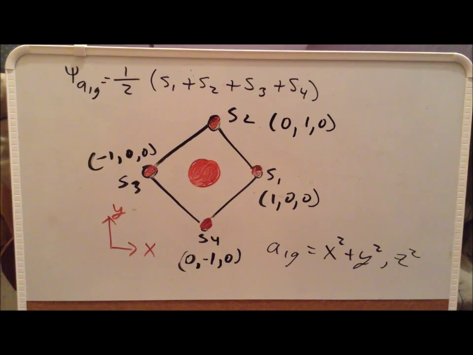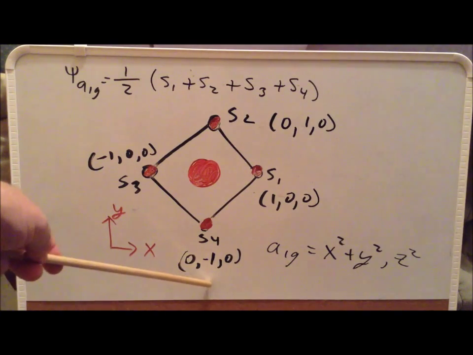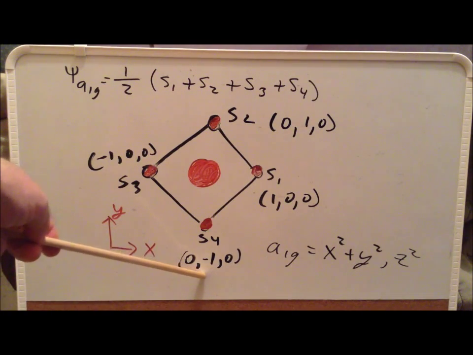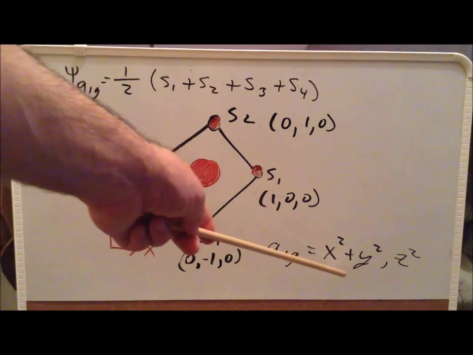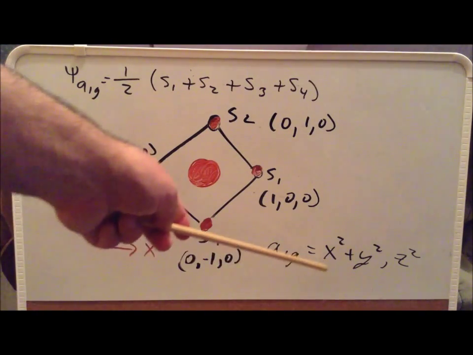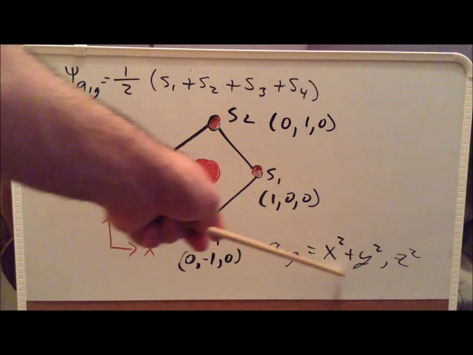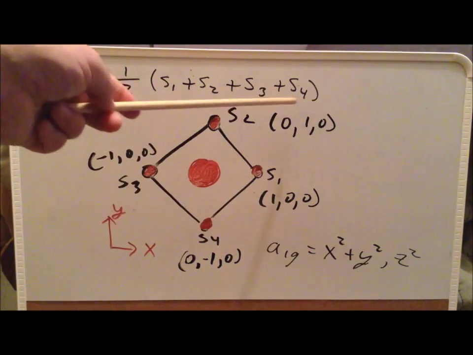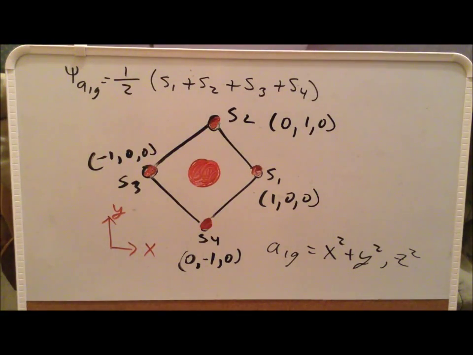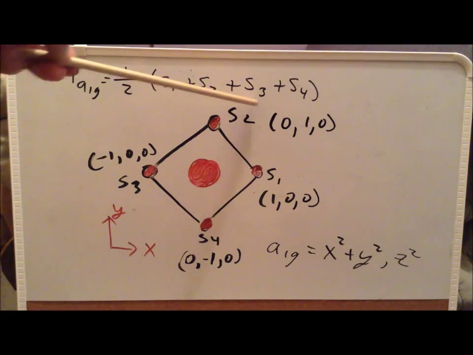That gives us our plus S3. Last but not least, our y coordinate here is -1. We plug it into the basis function to get a +1. The x value is 0, so 0 plus 1 is a +1. So we get our overall linear combination of atomic orbitals. Our set of group orbitals, in this case, is going to be 1/2 (S1 plus S2 plus S3 plus S4).